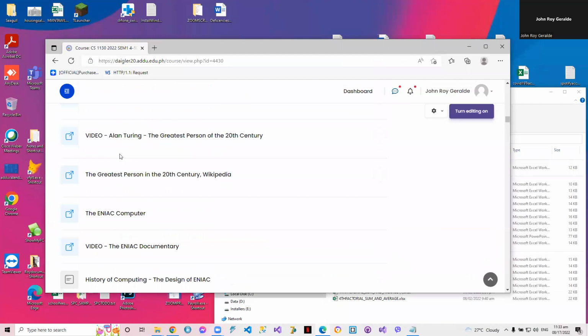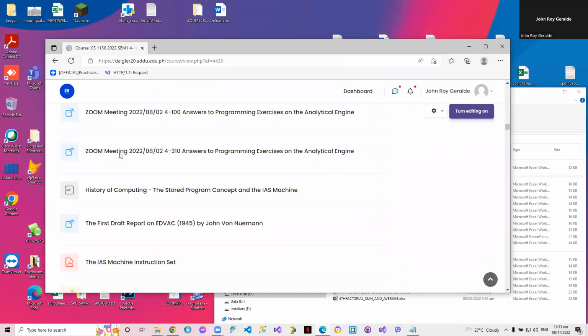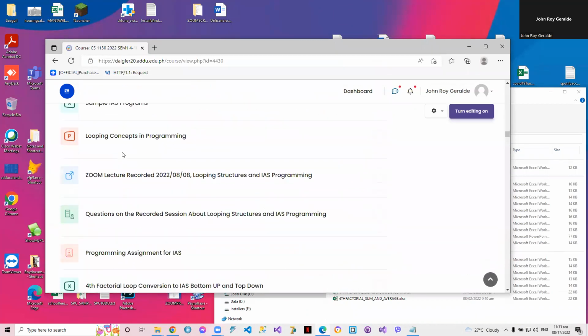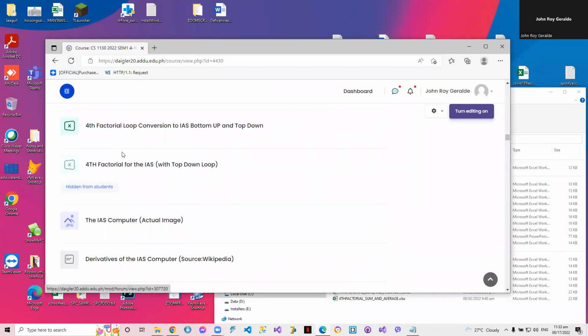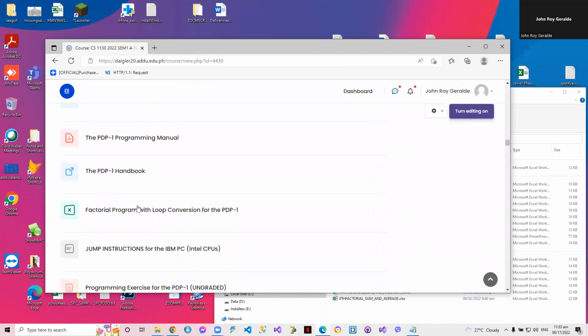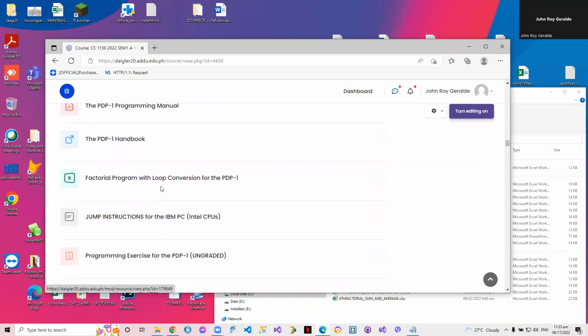I'm going to download it and then erase its contents to show you how I created the program myself. The factorial program with loop conversion for the PDP-1. This is the worksheet. Let's download this.